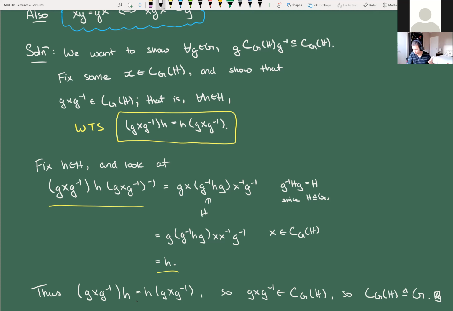Because I think, if you're wondering how you would have known to use that trick in the blue bubble, basically once you write this out, you ask: how do I use the fact that h is normal? Oh, I kind of need a g to show up on the other side of h. You could just put the g there if you want, but there's a natural thing that has a g in it, that kind of wants to be there. So that's how I constructed this.